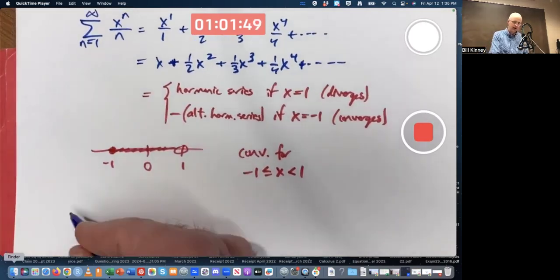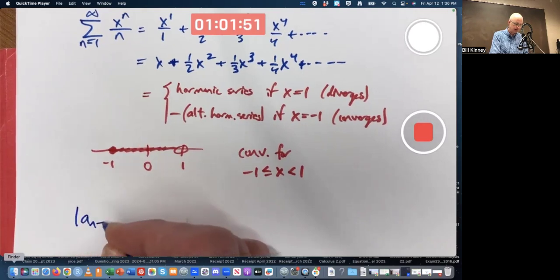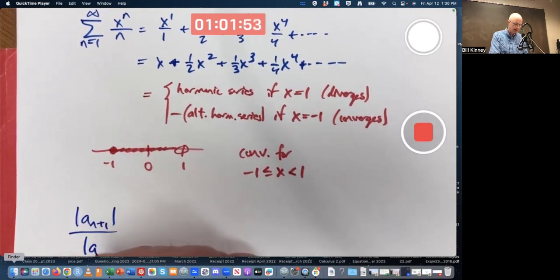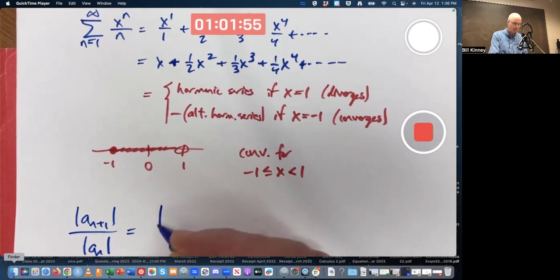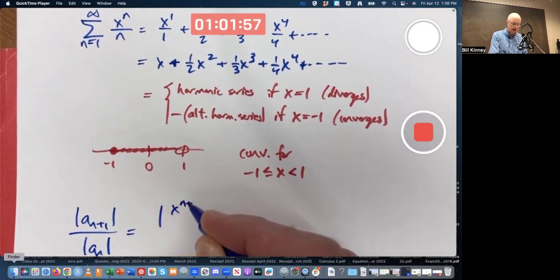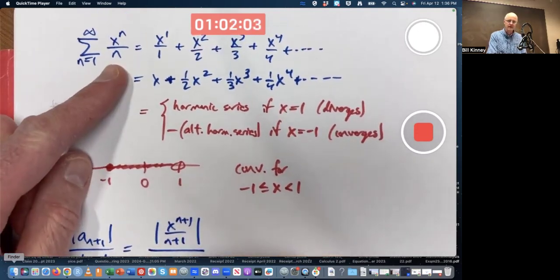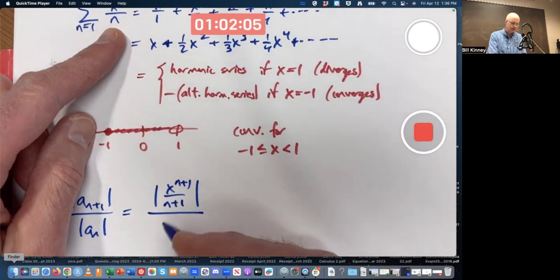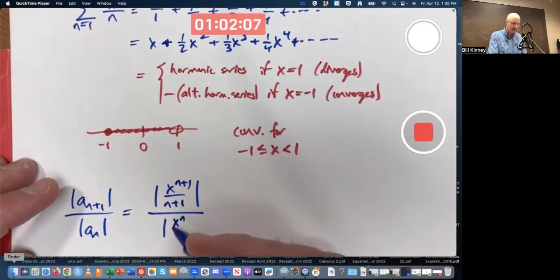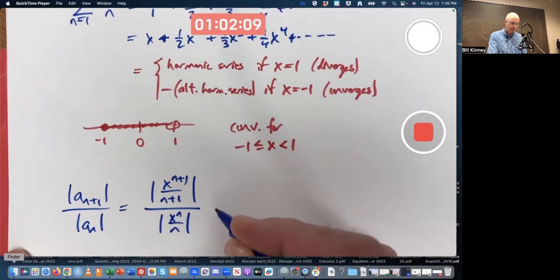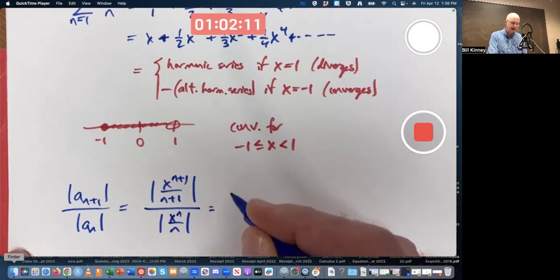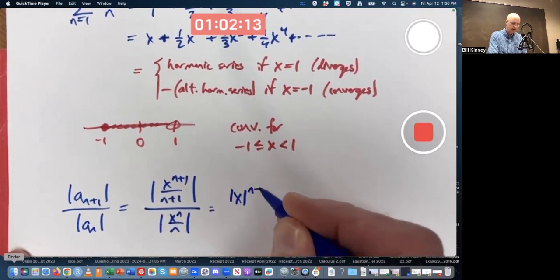If we think about our ratios for the ratio test, here is what a_(n+1) is, because a_n is x to the n over n. Then divide by the absolute value of a_n. We cannot get rid of the absolute value signs completely here.